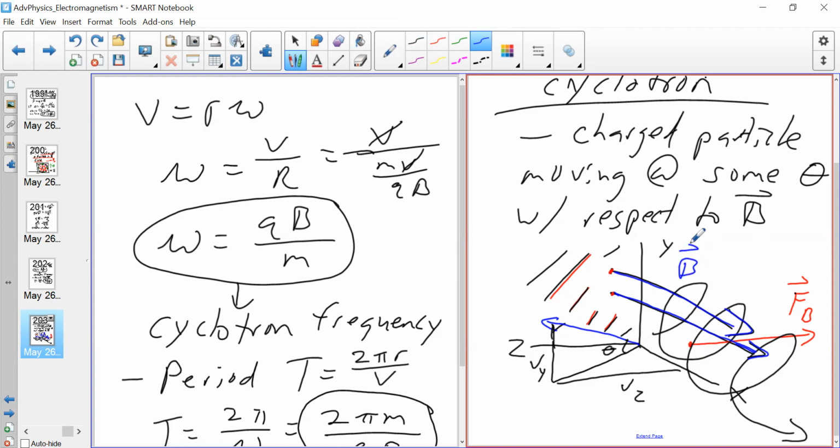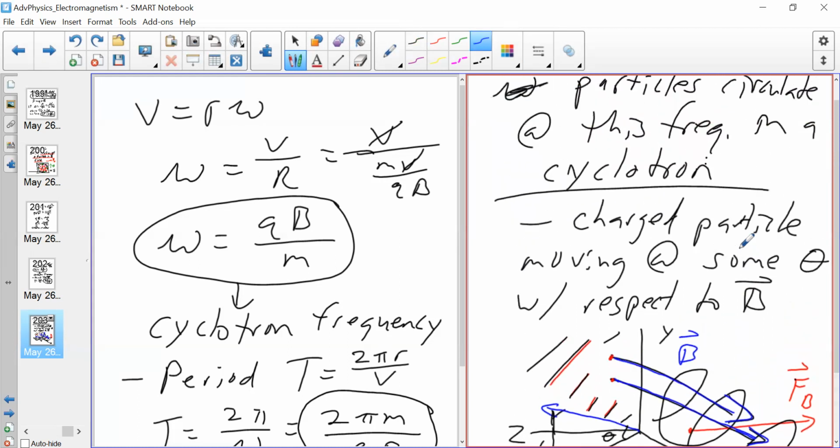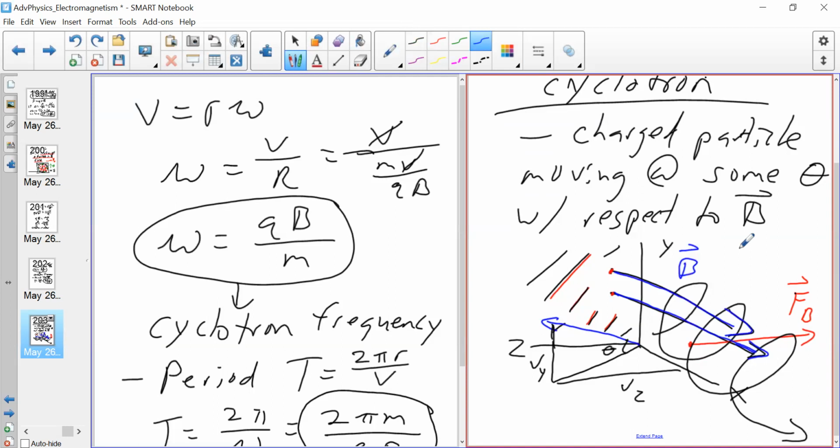Is it in the book, Mr. Kelly? Is this in the text? Yeah, it's on page 814. Try to follow along with the text and notes. So it's the y and z components that change, but the x-axis doesn't.